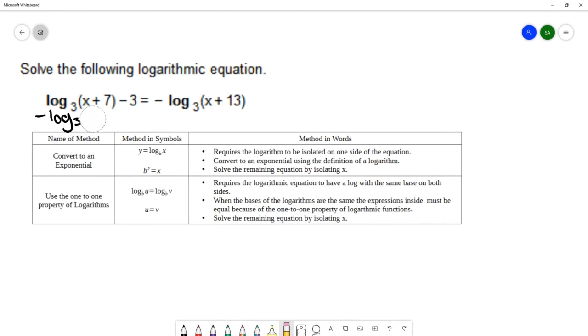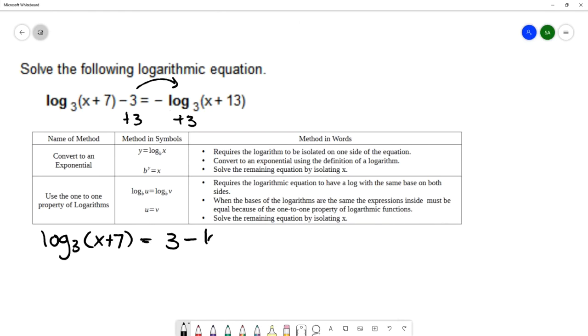I'm going to add 3 to both sides, moving that term to the other side, and then add this log onto the other side. So it will look like this: log base 3 of (x + 7) equals 3 minus log base 3 of (x + 13).